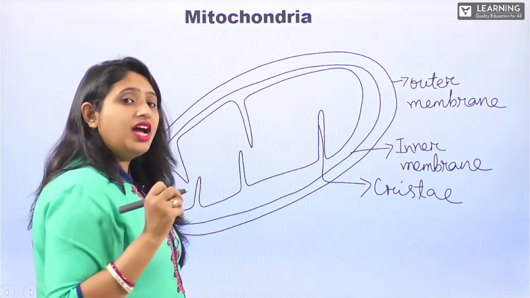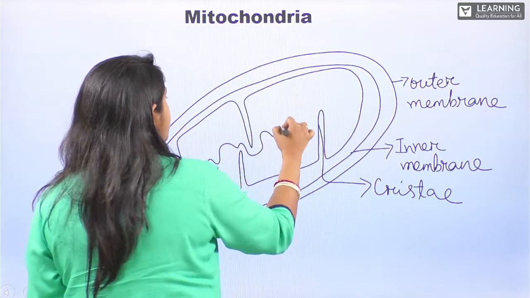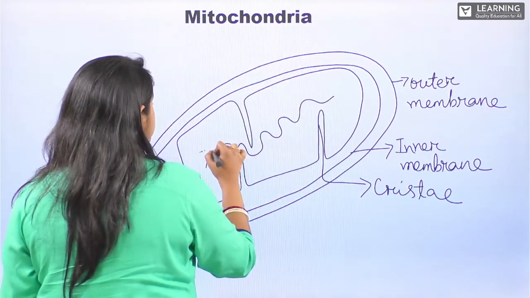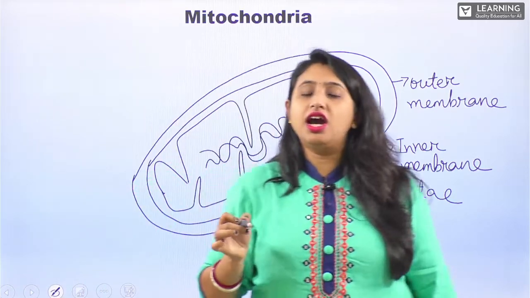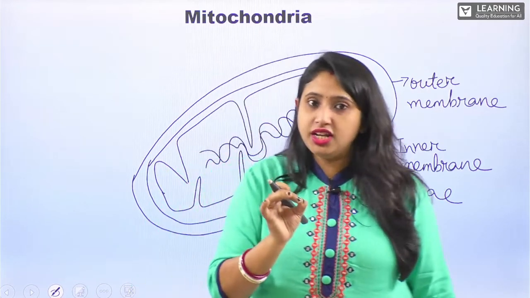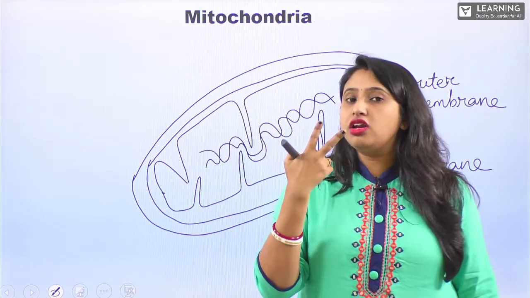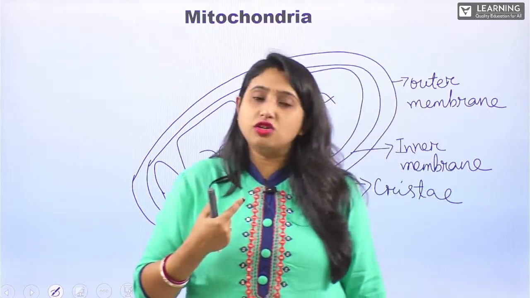Now, inside this, the genetic material, that is the DNA, is present. So, this mitochondria and the chloroplast are the cell organelles which have their own genetic material. Clear? So what are the two cell organelles having their own genetic material? One is mitochondria and another one is chloroplast.